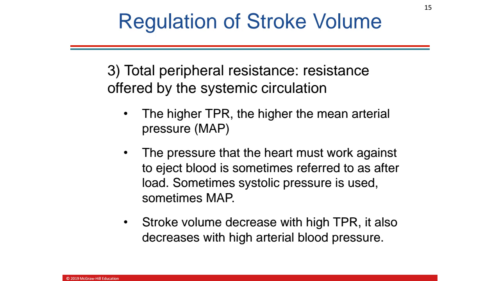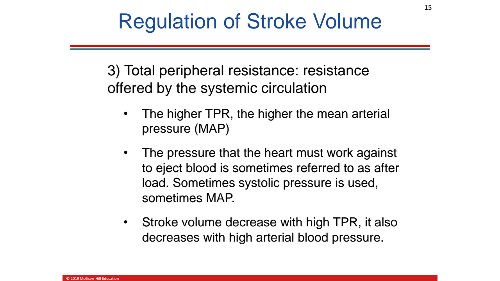And what determines that pressure? Well, one of the biggest determinants of that pressure is what's called the resistance within the systemic circulation. And as I mentioned earlier, that could be called SVR, systemic vascular resistance. It can also be called TPR, for total peripheral resistance.